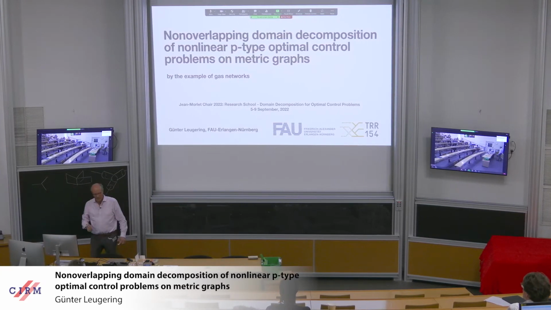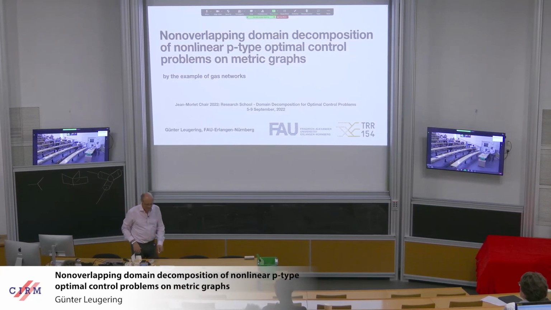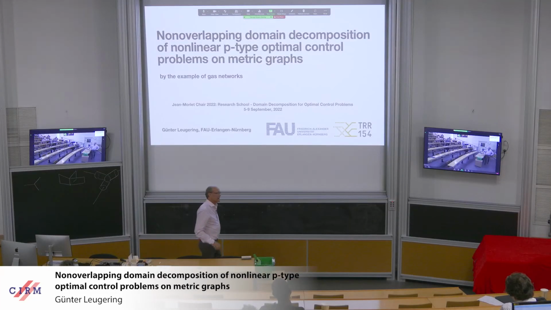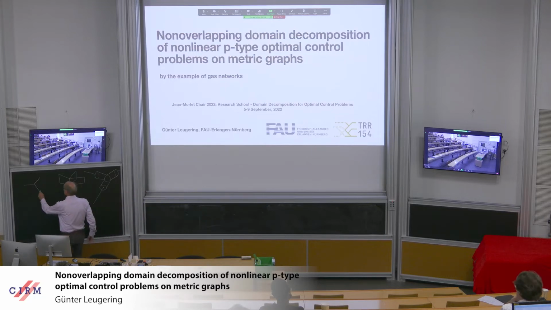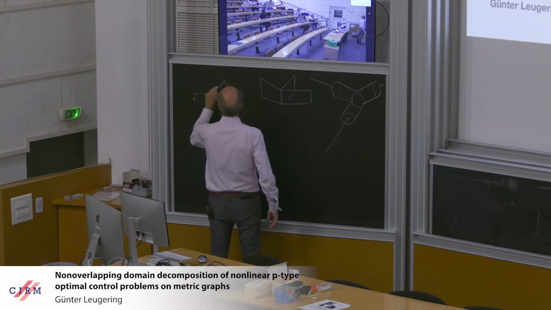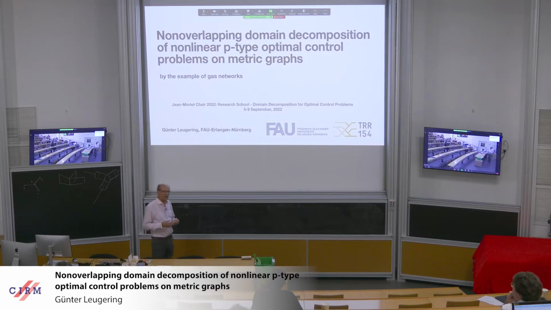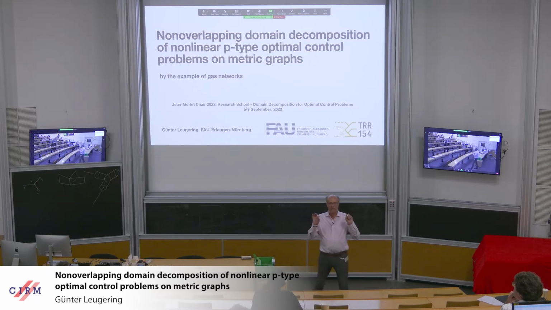This is what I call a graph, and I call it a metric graph because in contrast to graph theory, you just have discrete graphs there. So here you would have just the nodes, and you talk about maybe 1, 2, 3, 4, and then you can talk about adjacency matrices or edge to node incidence matrices, etc. But here the edges are intervals.